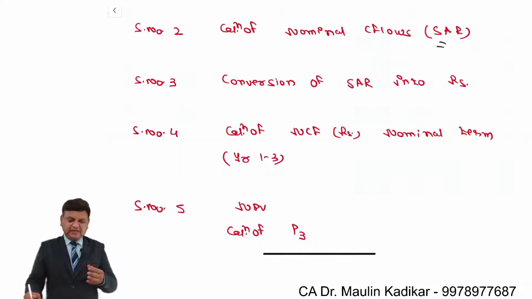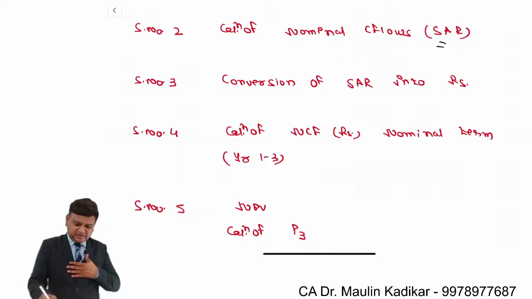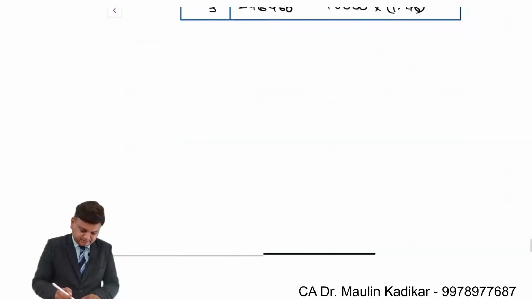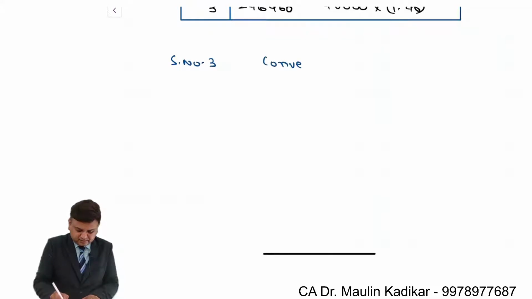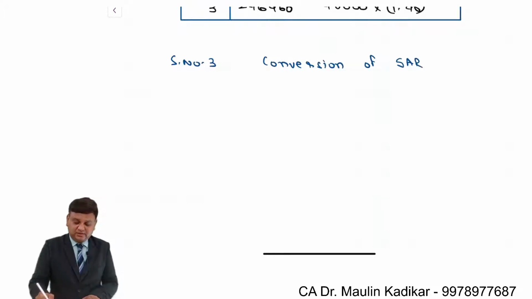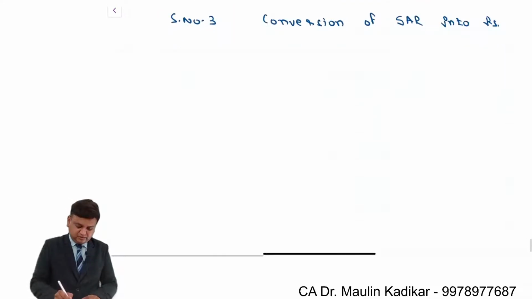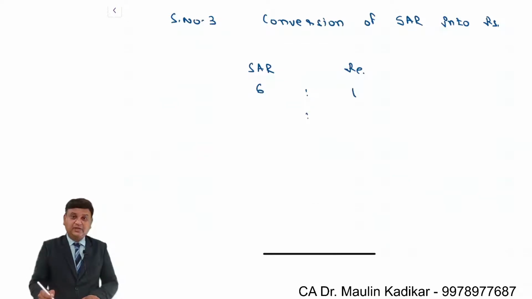Now friends, the third step is again a very simple step which I insist on personally, that is conversion of the South African currency into domestic currency. So please write down the answer along with me. Step number 3, conversion of South African currency into rupees. So it is 70,000 South African currency. Exchange rate is 6 South African currency for every 1 rupee.